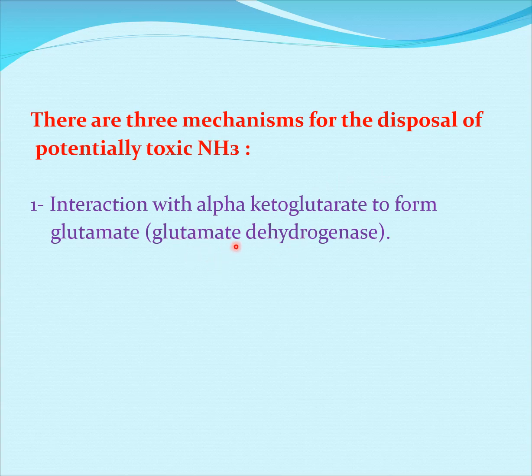It is not logical to say that we have glutamate dehydrogenase, oxidative deamination which produces ammonia, and then the same enzyme combines it with alpha-ketoglutarate to form glutamate again. So this ammonia that is produced from other sources such as amino acid oxidase or from non-oxidative deamination can be combined with alpha-ketoglutarate to form glutamate.